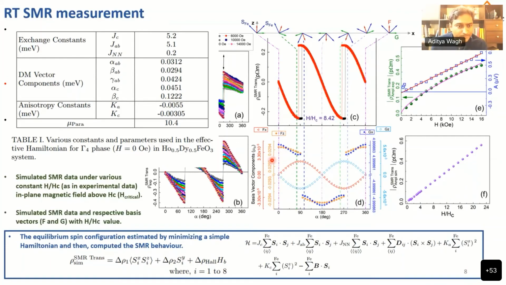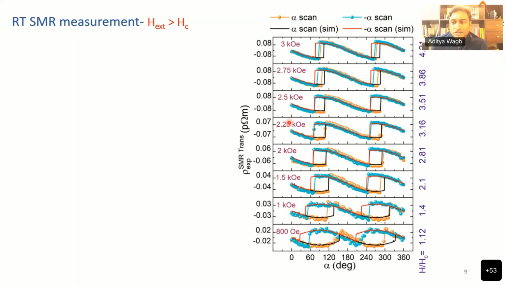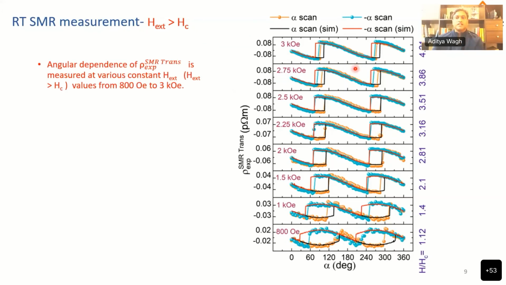Moving forward, we are now doing two specific measurements. One, when we apply an external magnetic field greater than your critical field, which is 713 oersted, required to do the switching between the two domains. You can see here that these measurements are shown from 800 oersted to 3 kilo-oersted, because we know that 713 oersted is the critical field.